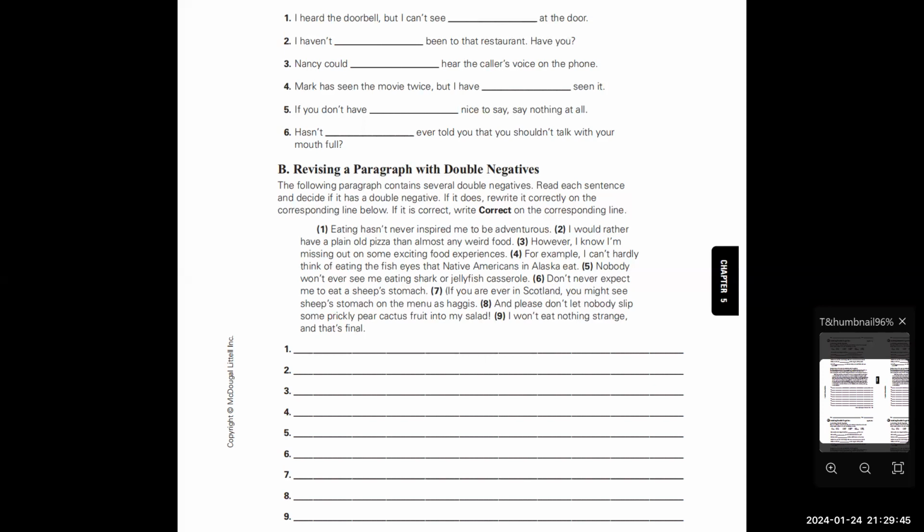Wait first. There's a double negative there. What do you have? Nobody and won't. So anybody won't ever see me eating shark or jellyfish casserole.